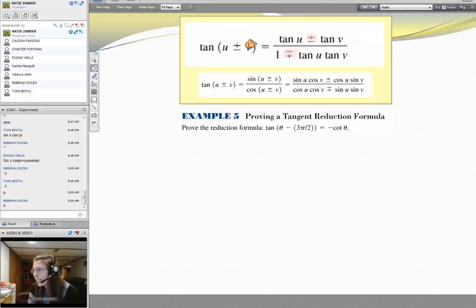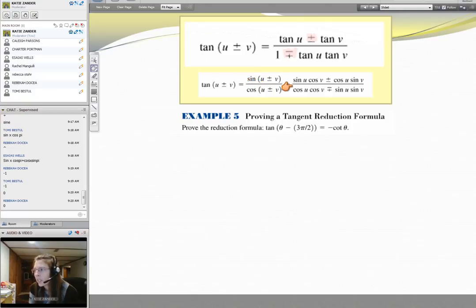Now this is great if you are really good with your tangent, and it is useful at times. However, I do think that working with sine and cosine can be a little bit more friendly because that's what we're given on the unit circle, right? We're given those points in terms of sine and cosine. So it's easier to evaluate if you're looking at things in terms of sine and cosine. So we can go ahead and take this tangent formula and break it up as sine over cosine of the sum or difference identities here.